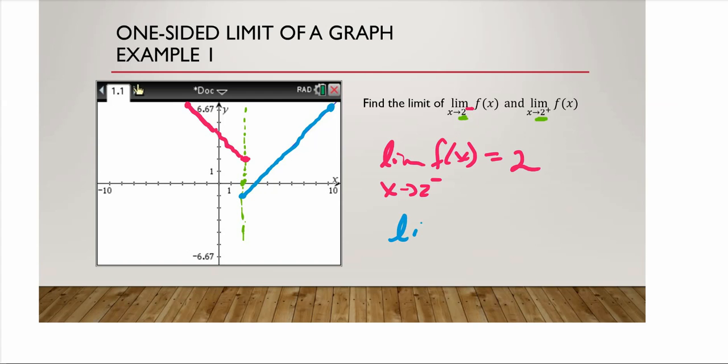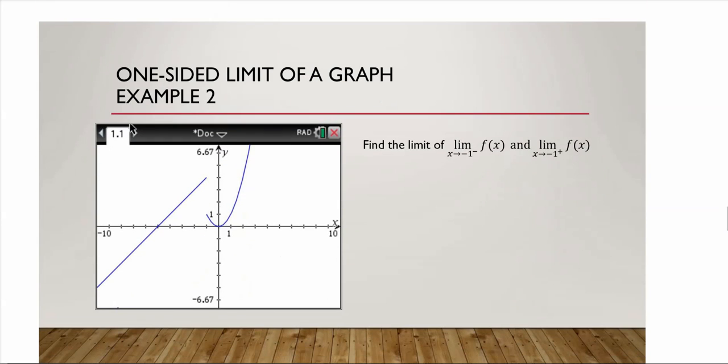So what is the y-coordinate? What's the y-coordinate when I approach 2 from the right side? So when I look from the right side, it's going to be approaching this y-coordinate, and that y-coordinate is located at -1. All right, so we just found the limit from the left, and we found the limit from the right side. Okay, let's do another example.